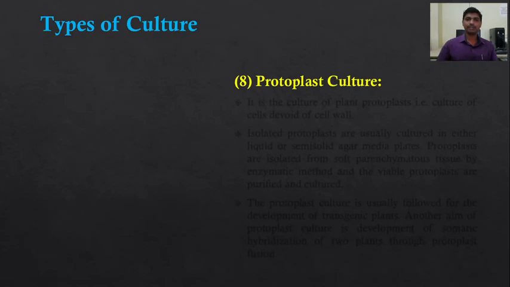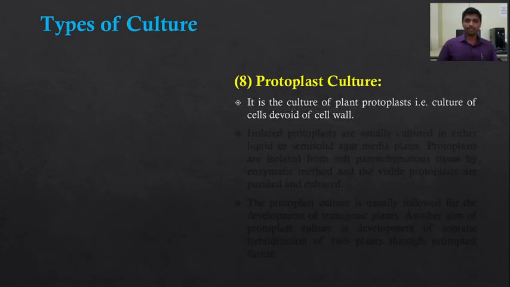Next to this is the protoplast culture. So what is a protoplast? Protoplast culture is the culture of cells devoid of, or without, a cell wall. If you see, the cell consists of a cell wall, plasma membrane, and inside there is the presence of cytoplasm and nucleus. If we remove the cell wall from the cell, the material that remains is called the protoplast.